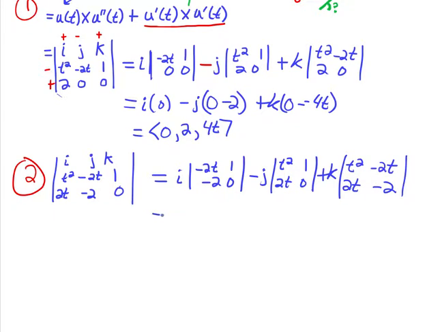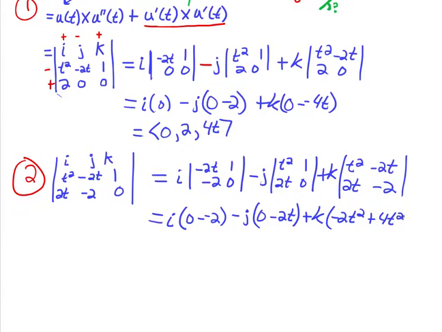So now we're going to do this cross product. So we're going to have i times, that's going to be 0 minus a negative 2. Then we're going to have minus j times 0 minus 2t. Then we're going to have plus k times negative 2t squared plus 4t squared. Okay, let's see what that turns out to be.